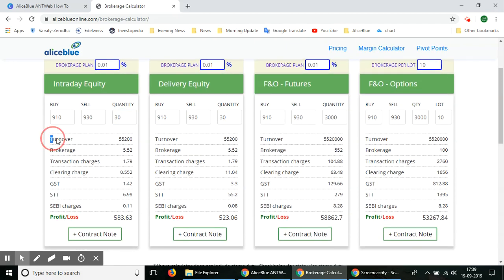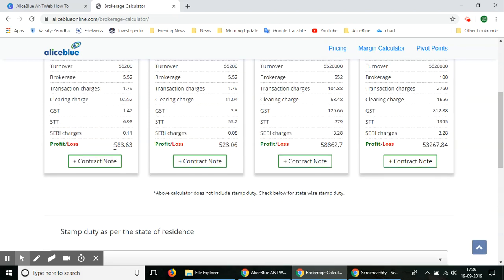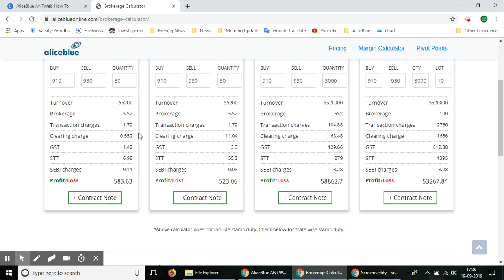So with that, you can see the turnover has been given, how much brokerage was charged, the transaction charges, the clearing charges, the GST is given here, the STT, that is the securities transaction tax. Then we have the SEBI charges and how much profit and loss was also mentioned. So since this is 583, this is definitely a profit. If it was a loss, you'll have a negative sign next to it so you can identify it better.